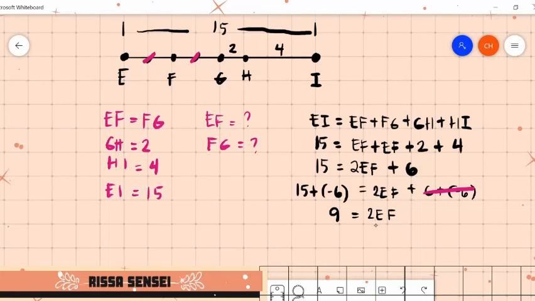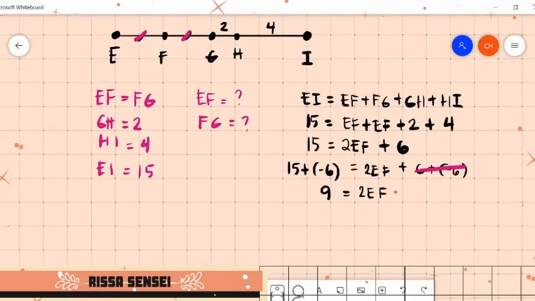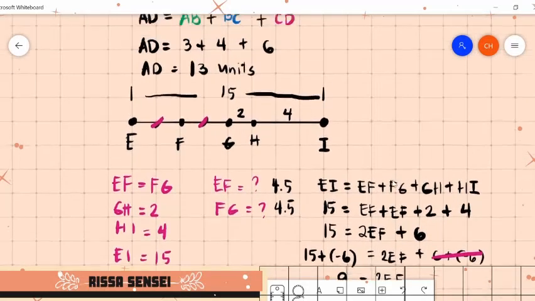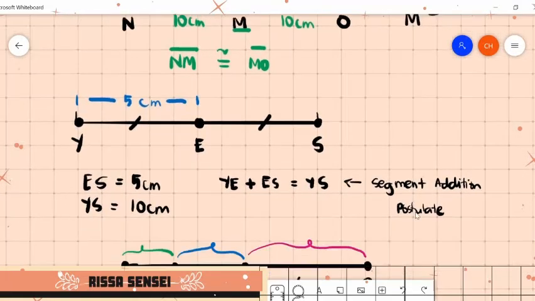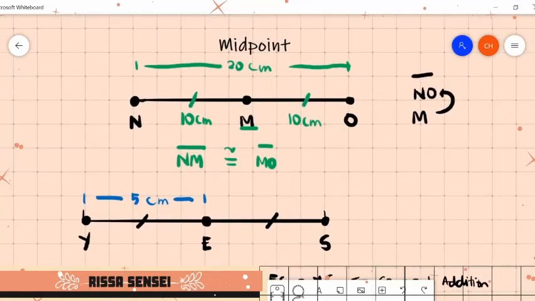Now to get rid of 2, we have to divide both sides by 2 or multiply both sides by 1/2 by multiplication property of equality. So that's 9 over 2 equals EF. And in decimal, this is equal to 4.5. So, ibig sabihin, si EF ay 4.5, ang FG ay 4.5 din. So, that's how you use segment addition postulate. Okay? So, we started with the midpoint and get the concept of segment addition postulate. Thank you.